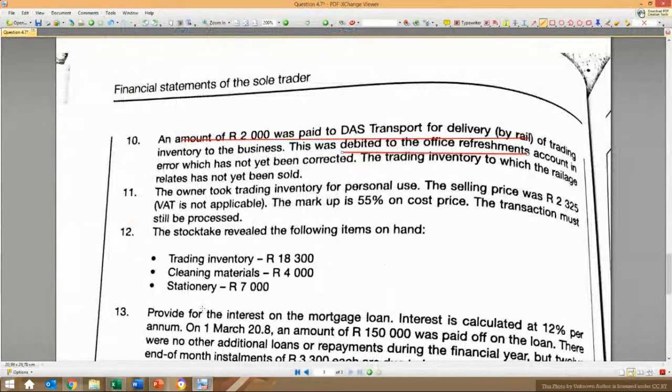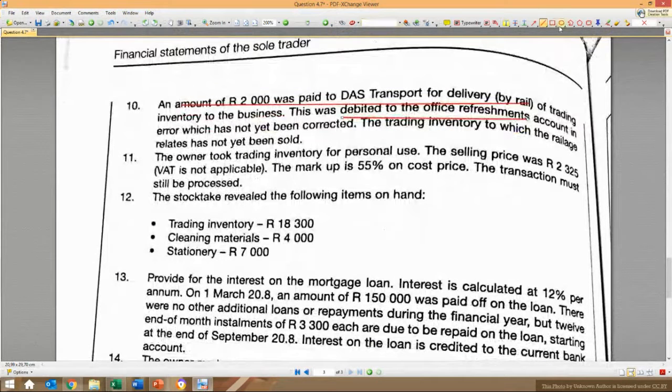Then if we look at transaction number 11. Now transaction 11 is where an owner takes trading inventory for their personal use. What account does it go to if it's for personal use? You can just type the account name in the chat function. If it's for personal use, where do I take it?